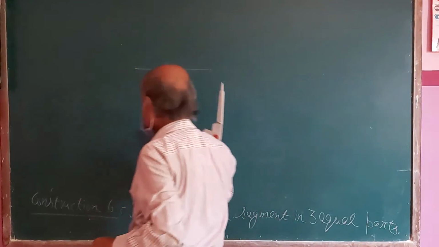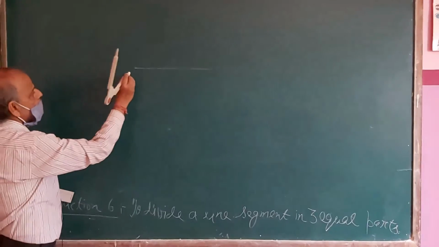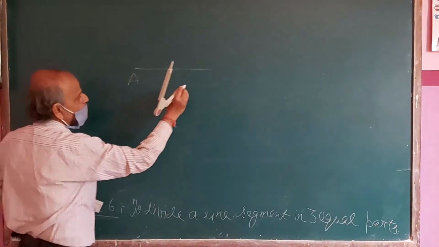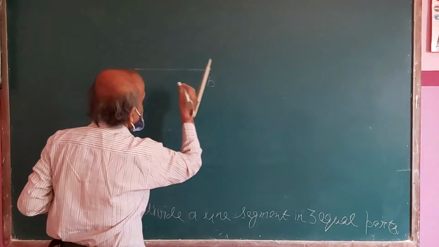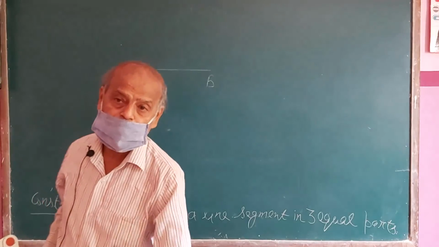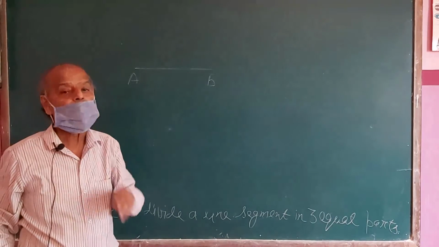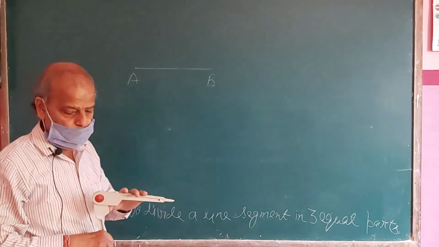You are given this line AB. It is clear? I think it is visible to you. You have to trisect it. You have to divide it in three equal parts. You can do one thing.